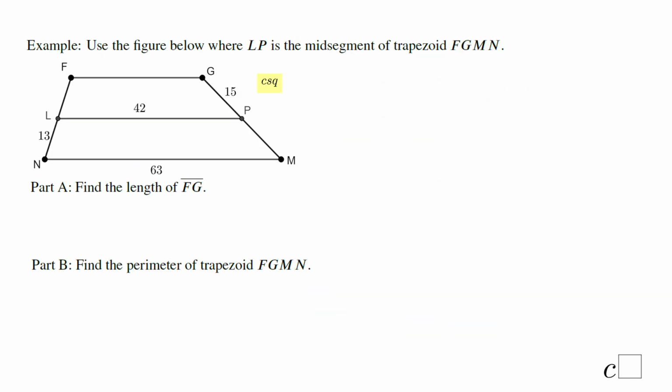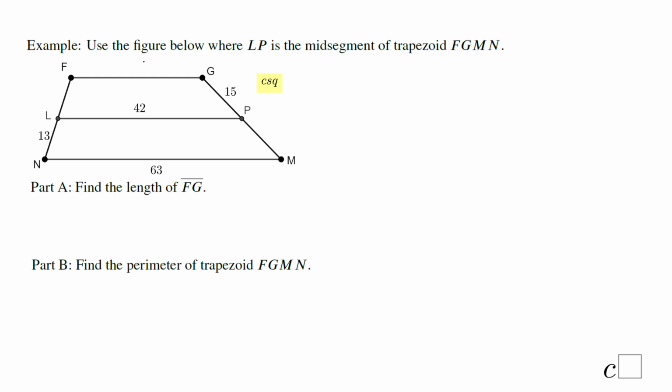The next example, very similar. We have a trapezoid, and where LP is the midsegment of this trapezoid, we need to find the length of FG.